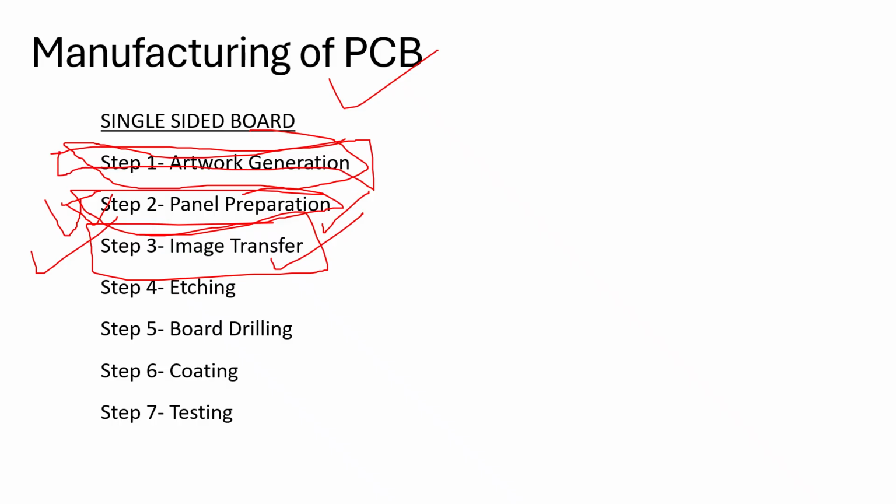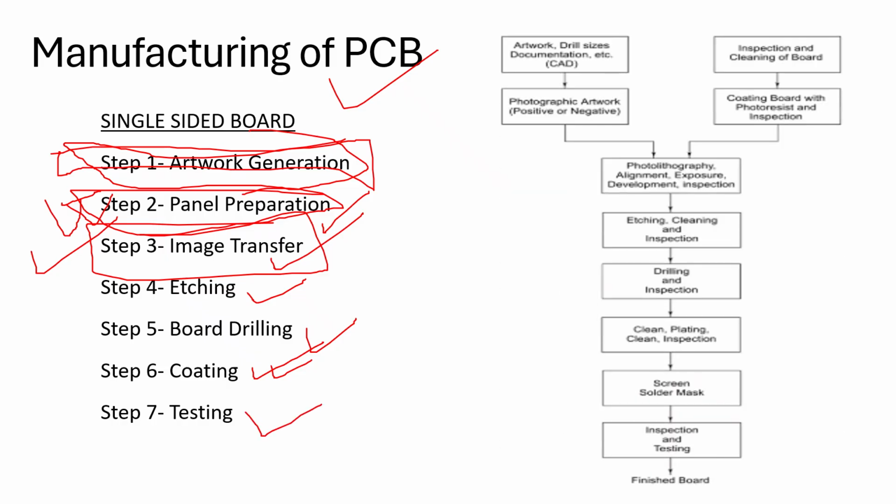Then during the image transfer, if you get unwanted area, then you can etch. Further, in order to mount the component, you can go for the drilling process, then the coating process. Coating, to provide the connection, and then at the end you can do the testing, right? So here are the steps: artwork generation, drill size, and how exactly the image will transfer.